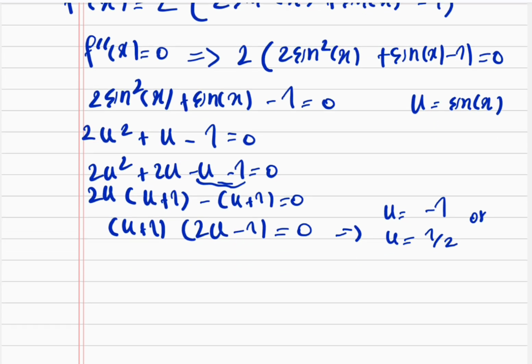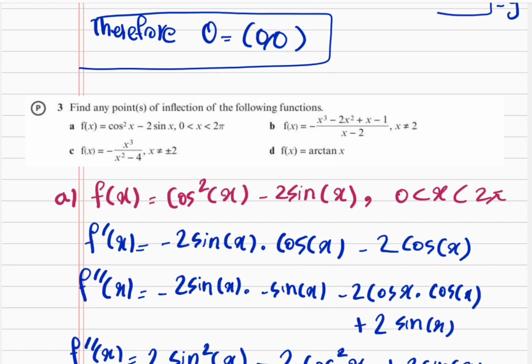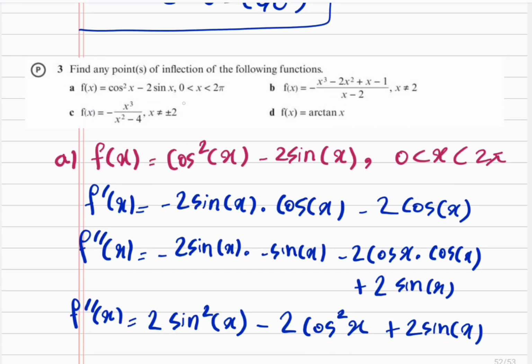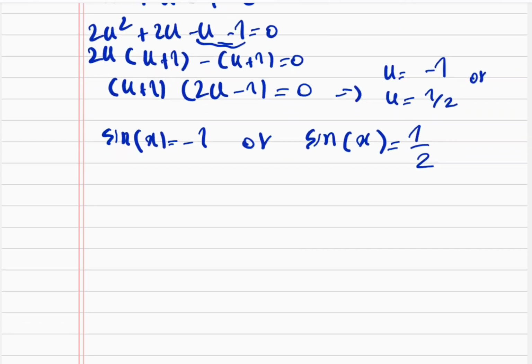And getting back to the main thing, because u was sine x, this means either sine x is minus 1 or sine x is a half. And just note that the values of x are between 0 and 2 pi. This is going to be useful for solving the equation.